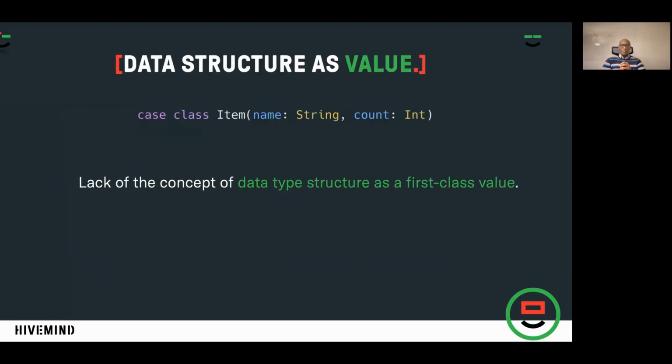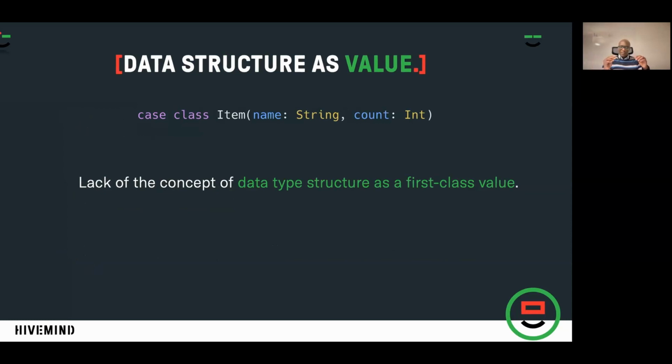What does that really mean? So let's take this type, for instance. This type called Item here. The high-level definition would be a case class called Item that has two fields, one called name of type String, another one called count of type Int.